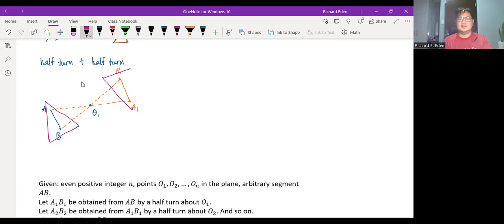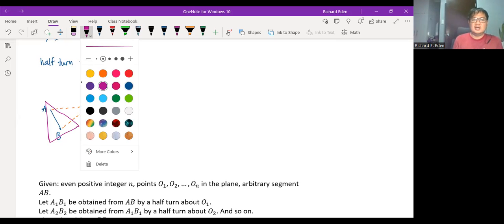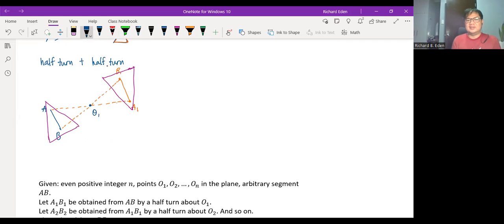All right. Okay, medyo distorted lang, but anyways. And then what if we do another half turn around a different point, O2, pero ilagay natin dito sa right side kasi kung doon din sa left side, mas gugulo nung figure.